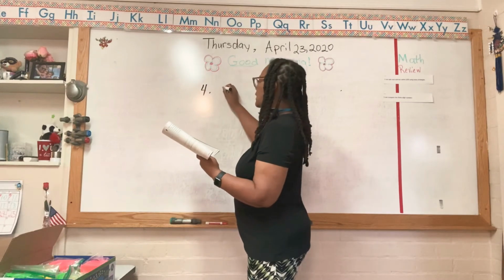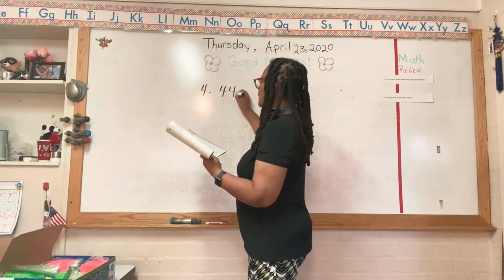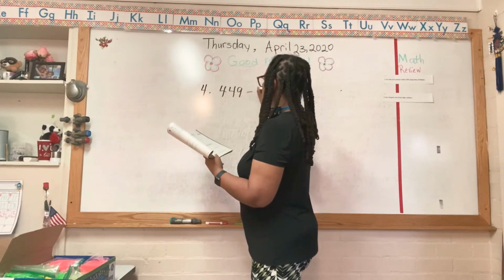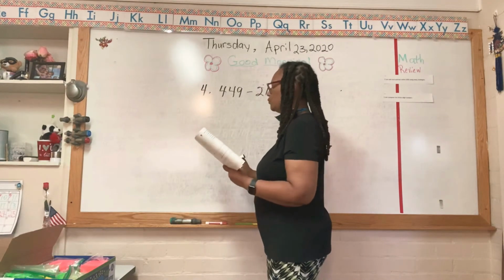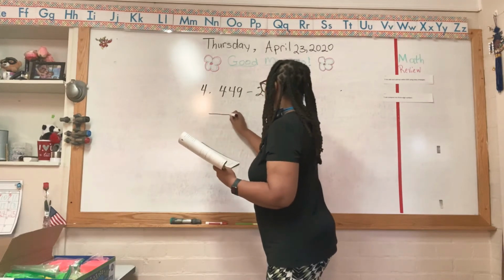Number 4 says 449 minus 217. Here's your number line.